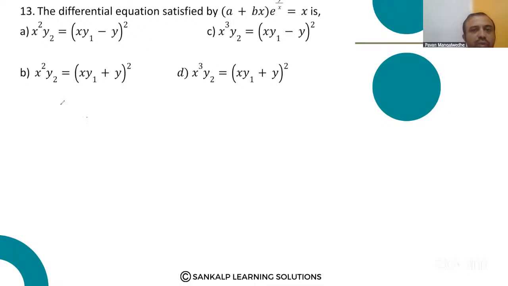The differential equation satisfied by a plus bx, the whole, into e raised to y by x, which is equals to x. Just remember this.